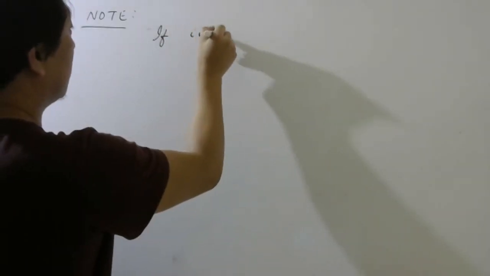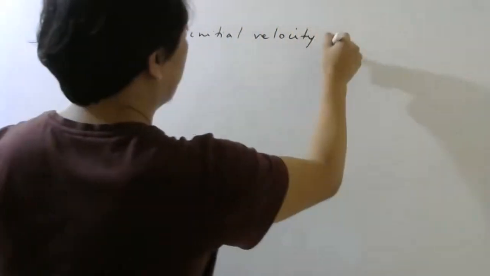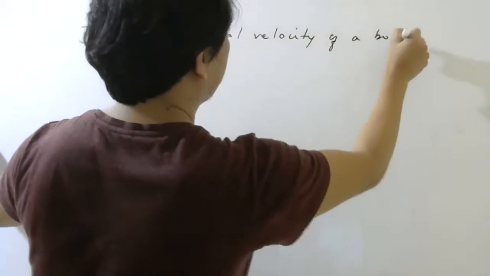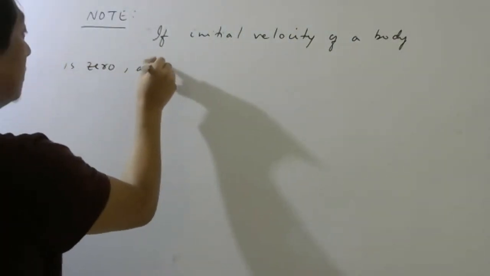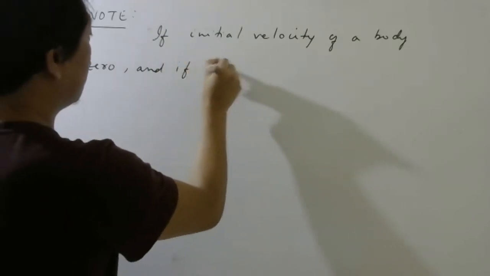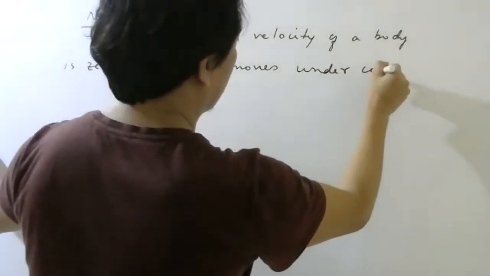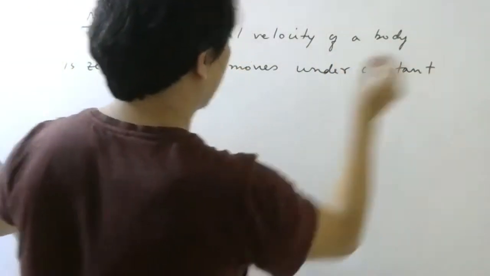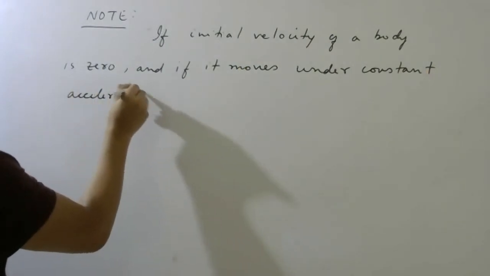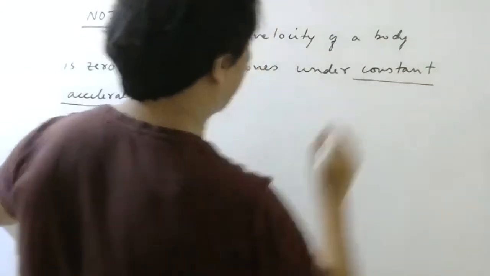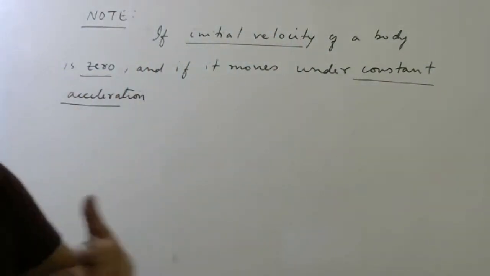If initial velocity of a body is 0 and if it moves under constant acceleration, so remember, acceleration should be constant and initial velocity is 0. Matlab, it starts from rest.